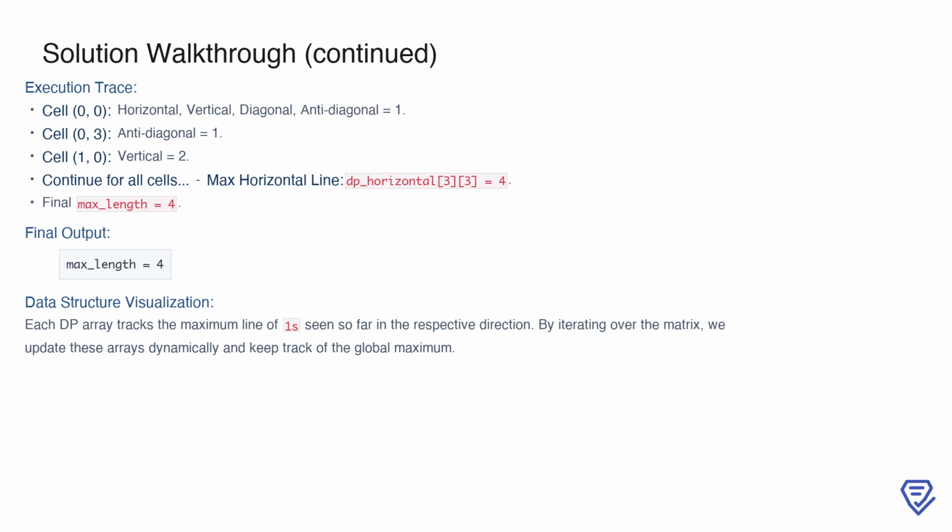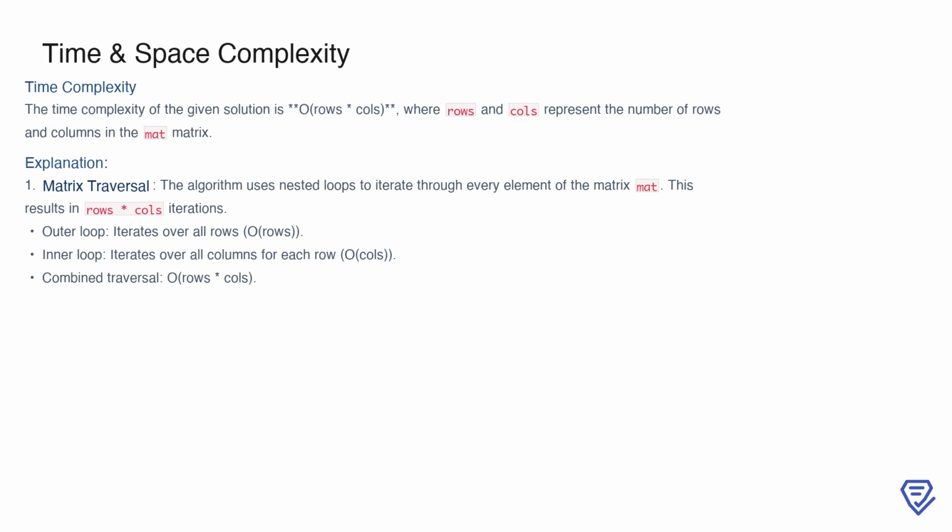This demonstrates the versatility of the DP approach in handling different input patterns. Each DP array effectively tracks the sequences in its respective direction, allowing us to determine the global maximum by the end of the iteration. The time complexity of this solution is O(rows * cols), where rows and cols represent the dimensions of the matrix.